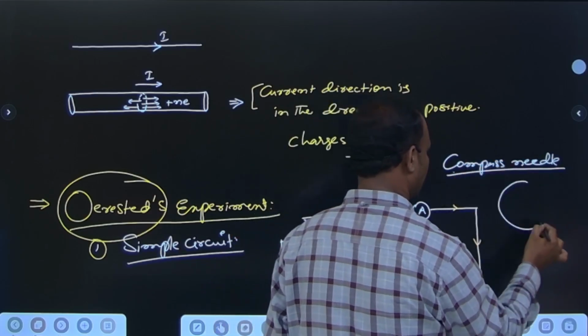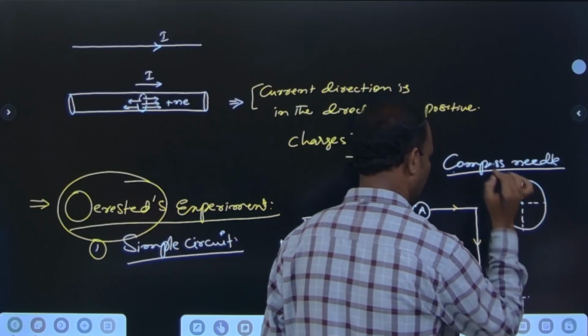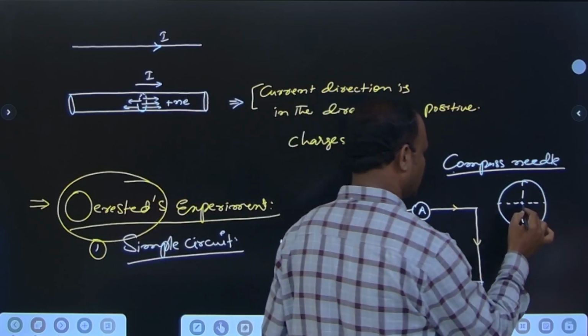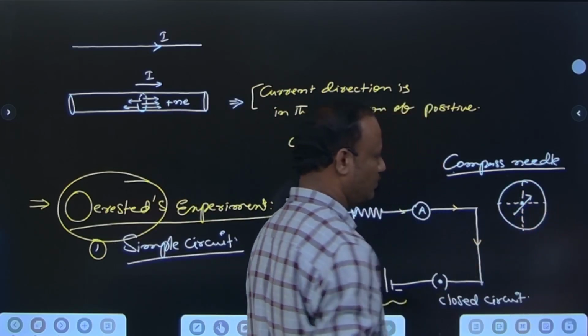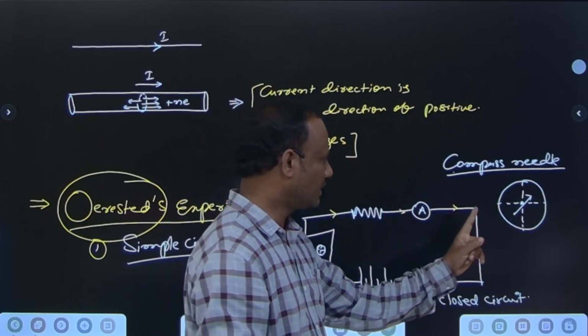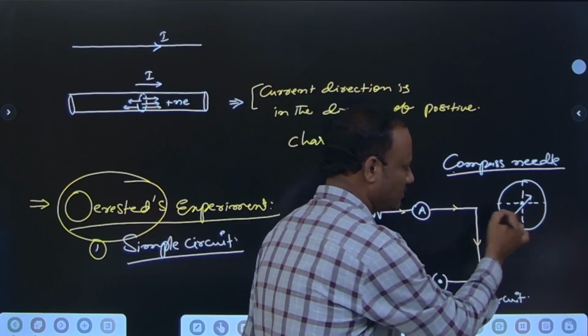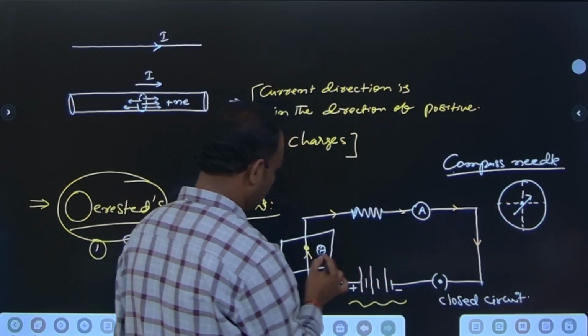A small magnetic needle is placed on the screen. This is a magnetic needle which is shown here. This is the north, and this one is the south pole. This compass is placed on the paper.